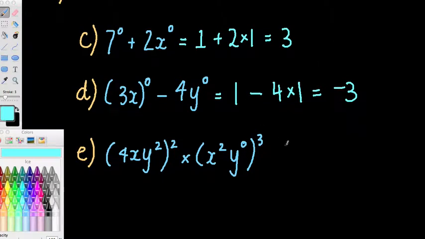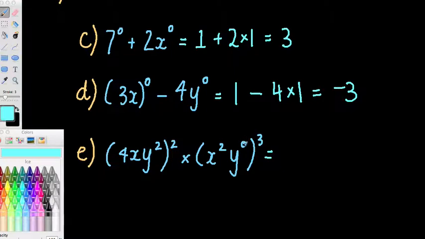Finally, this one looks a little trickier, doesn't it? We can do this one perhaps in 2 steps. Now, recall your index laws that we've been working on. What I'm going to do for this first one is make sure I raise every number or pronumeral within the bracket to that power on the outside. We do that by multiplying across, don't we? The same with this one here.